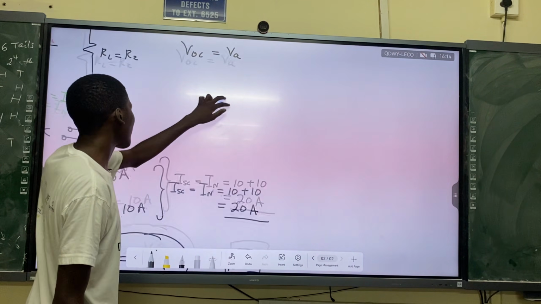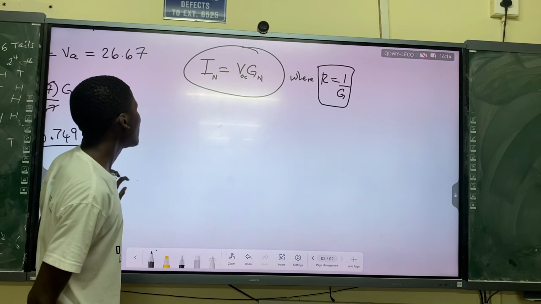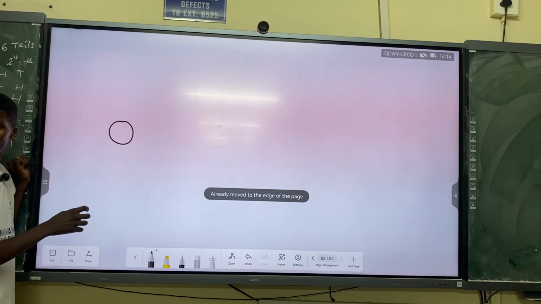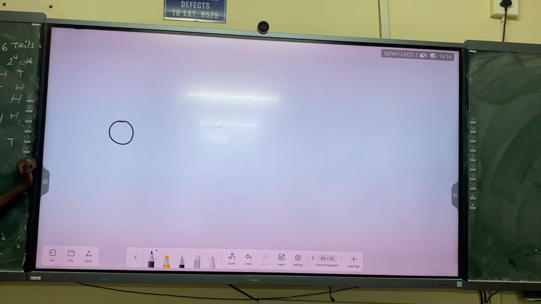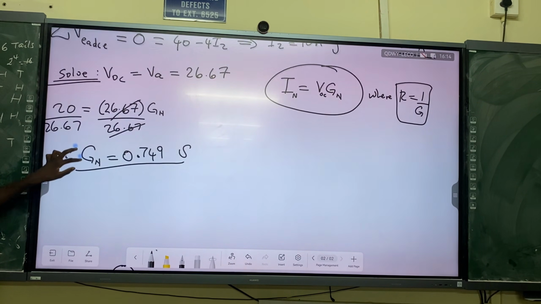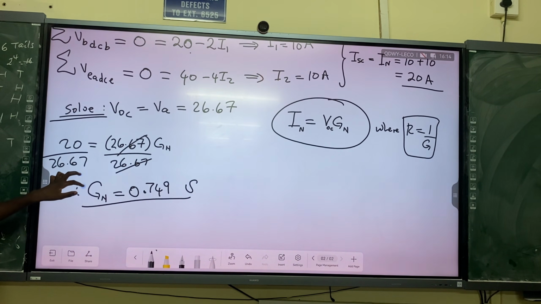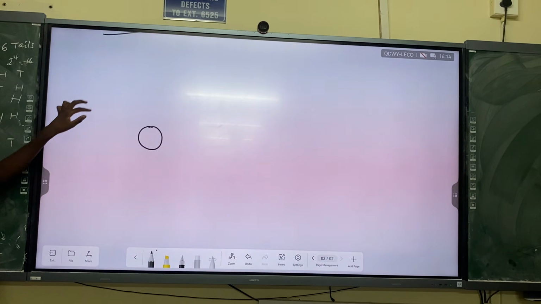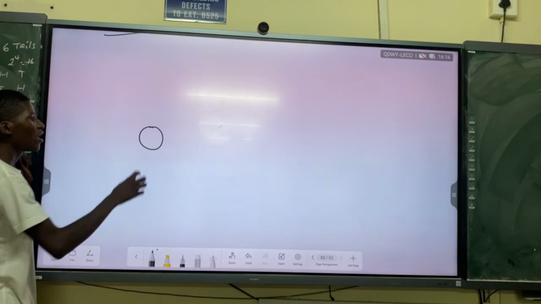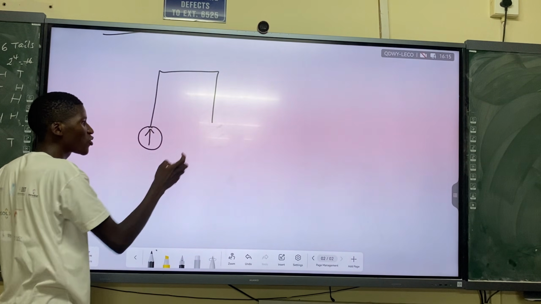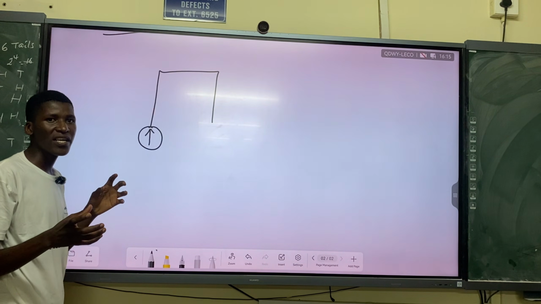Okay. So let's redraw our circuit. If we redraw our circuit as a Norton's, the ISC, didn't we get 20? We did get 20 amperes. So it's still the same short circuit current. So now we're going to put a current source to create our Norton's equivalent circuit.